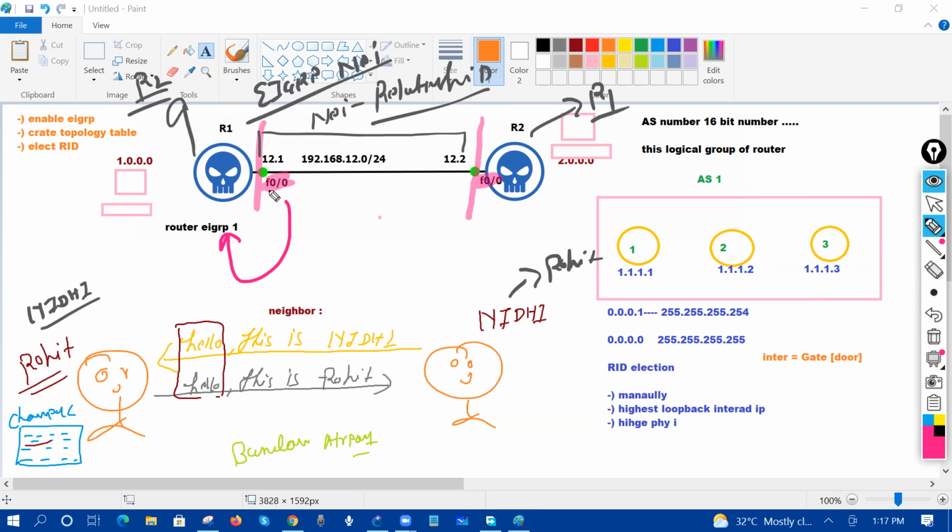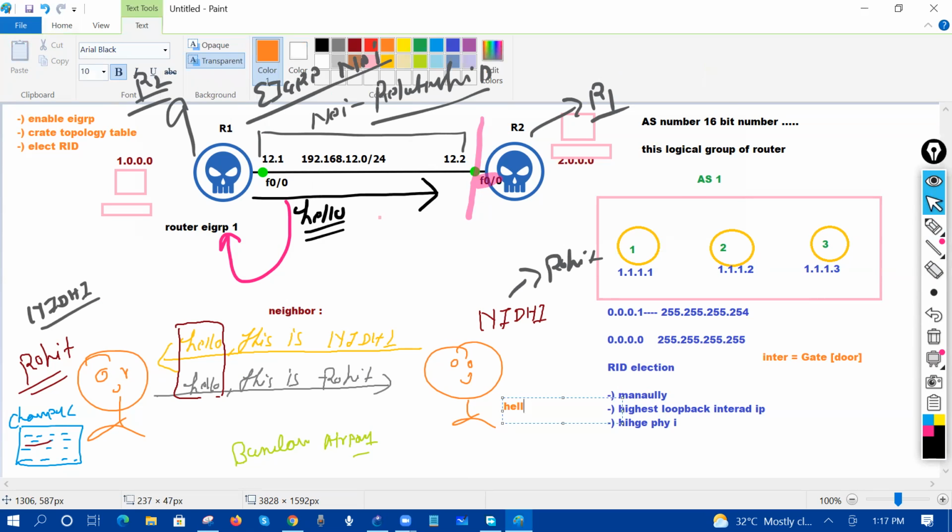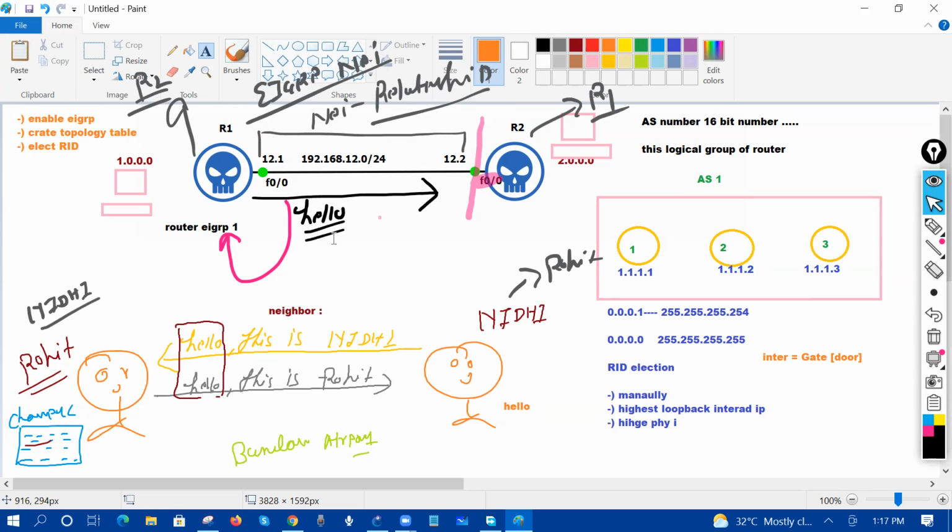Once this interface is enabled in the EIGRP routing protocol, now this guy will send a message: hey, I want to form the neighborship with you. And it will send the hello packet, the first EIGRP packet. Now it will send the hello packet to router number 2. And how will this interface be enabled in EIGRP?